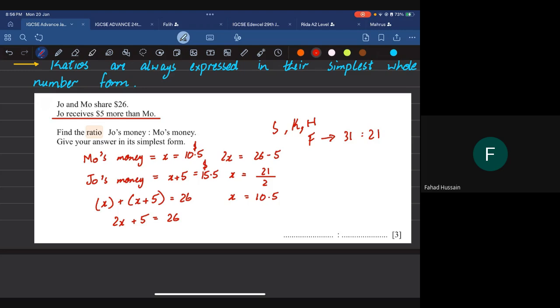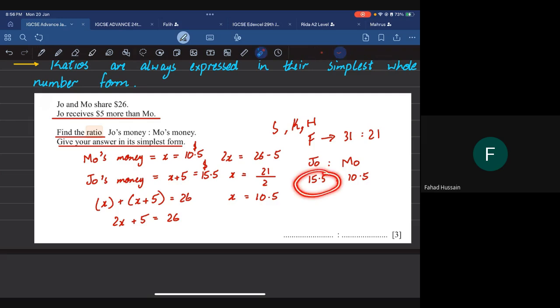Now he's asking us to find the ratio and give the answer in simplest form. So in order to find the ratio, I'll simply put these two together. Joe ratio Mo, which is going to be 15.5 ratio 10.5. Now that should be their ratio, right?